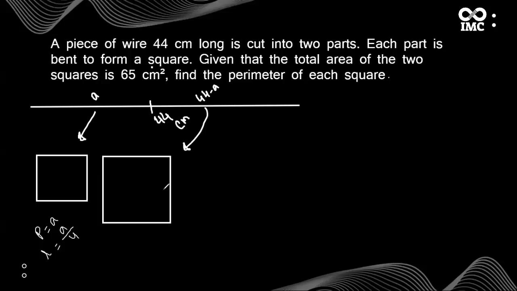And if the perimeter of this square is 44 minus A, then length must be 44 minus A by 4.